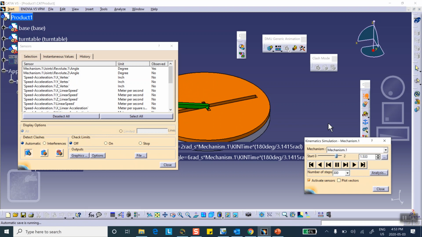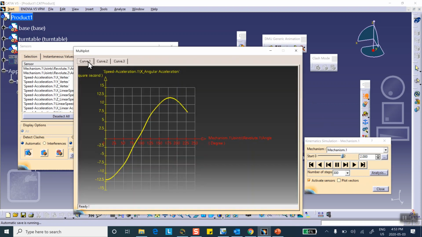We're almost at the end. Okay, we're almost at 2 seconds, the end of the time. So you look at the graphics. Notice that you have three tabs here, three graphs.